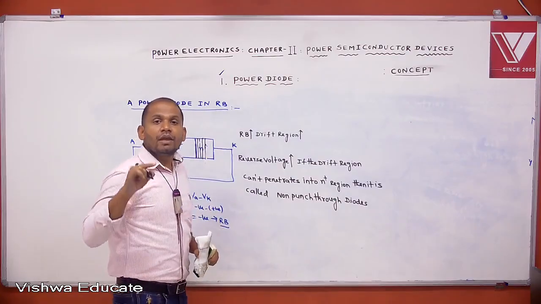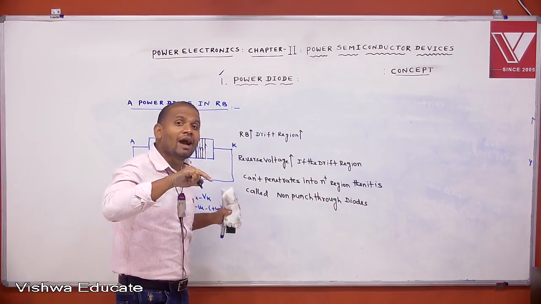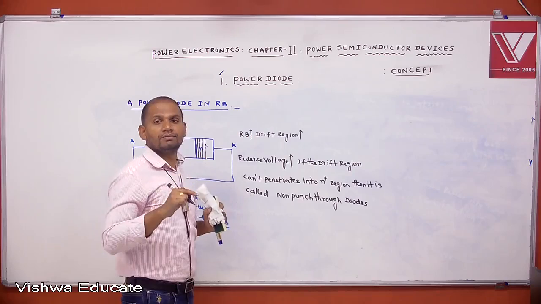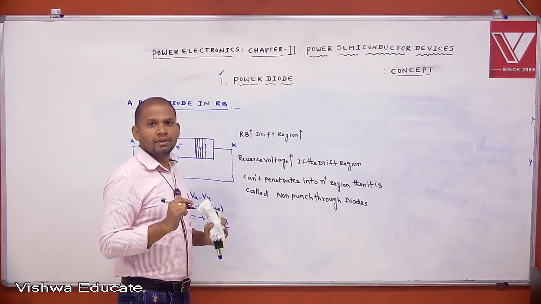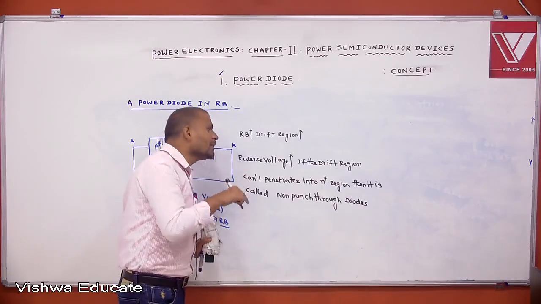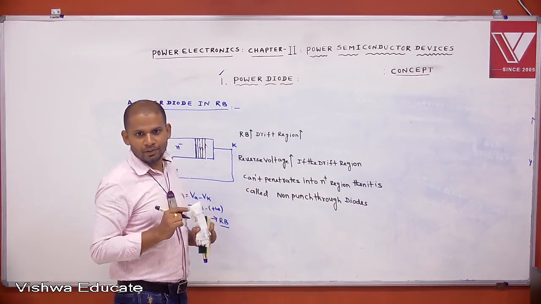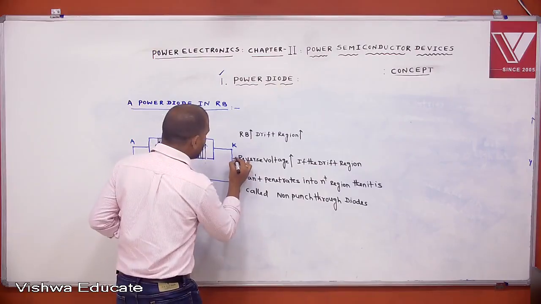That means if the drift region cannot reach the end, or cannot reach the cathode, then it is nothing but a non-punch through diode. That is one point to remember.